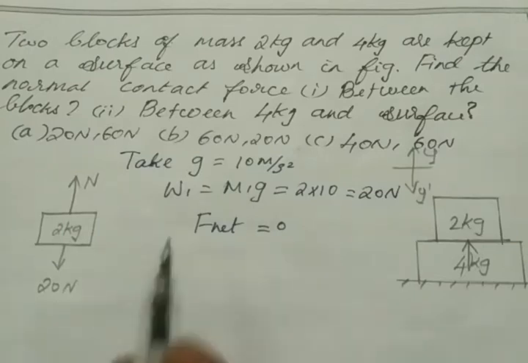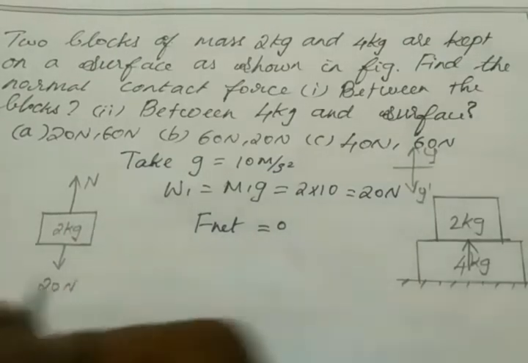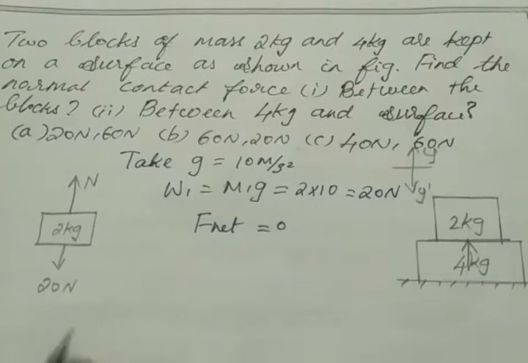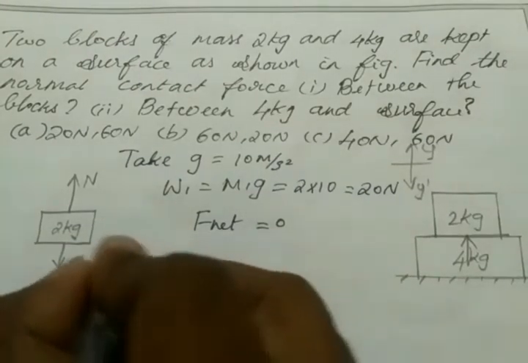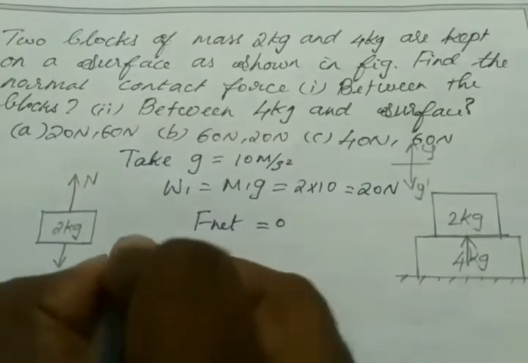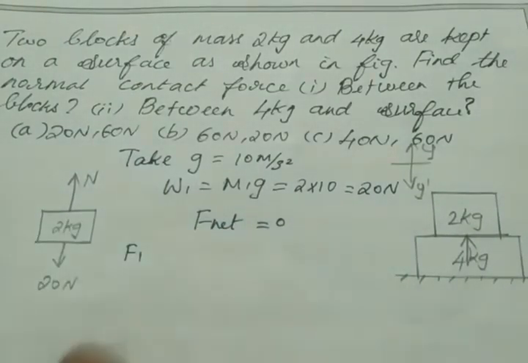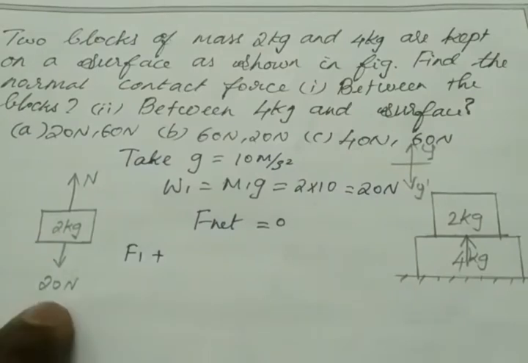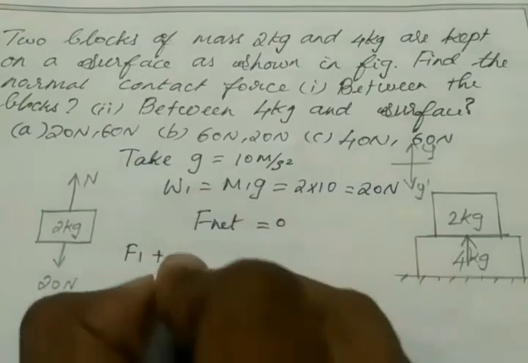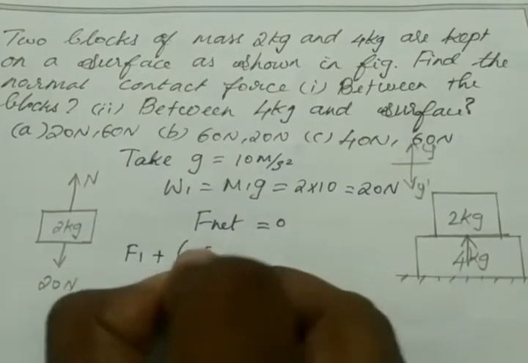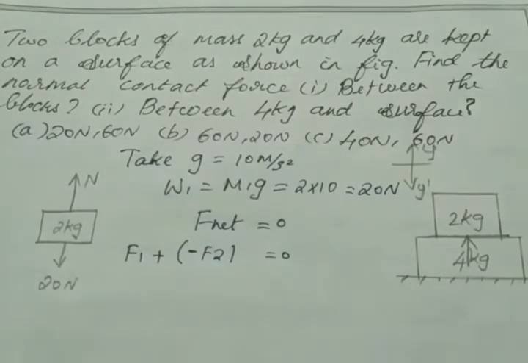So what is the total force F net? As I said already, F net equals the summation, or vector addition, of all the forces: F1 plus F2 plus F3, whatever forces are acting on that object. So this is my F1, which is in the positive y-axis, plus this is my F2, which is in the negative y-axis, so I take minus F2, equal to 0.